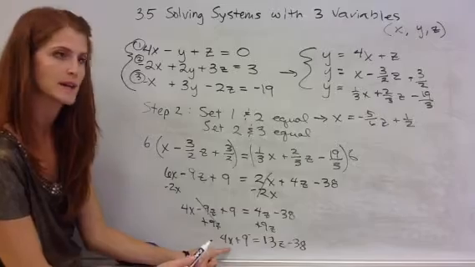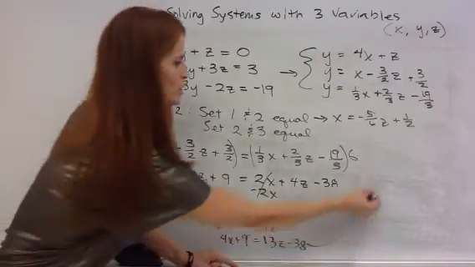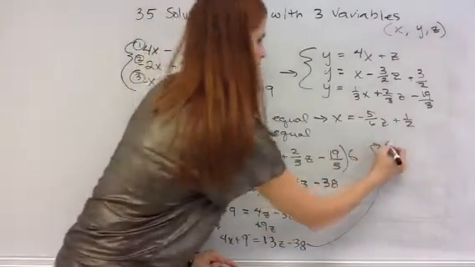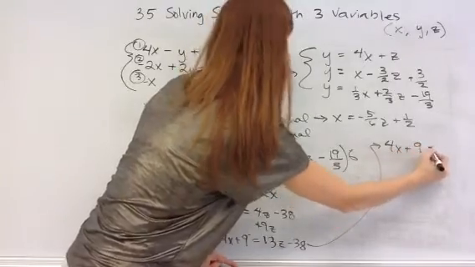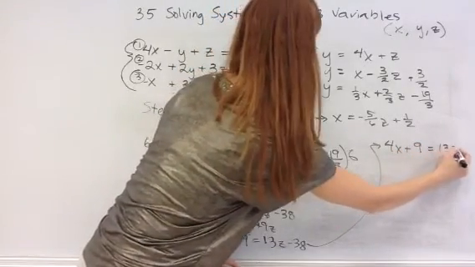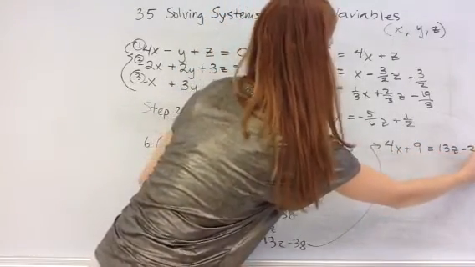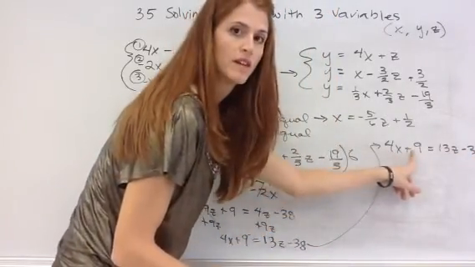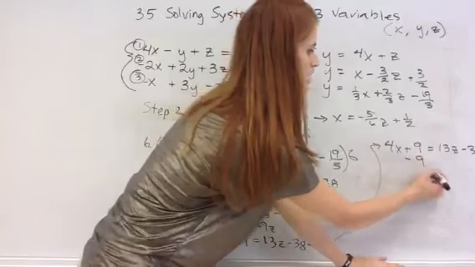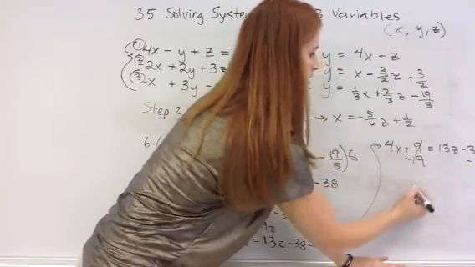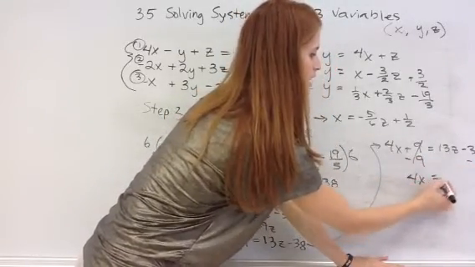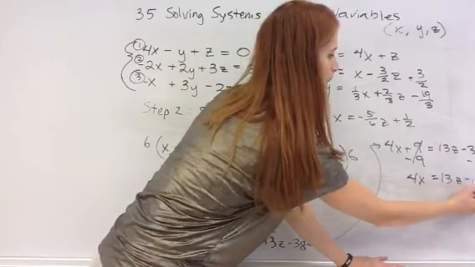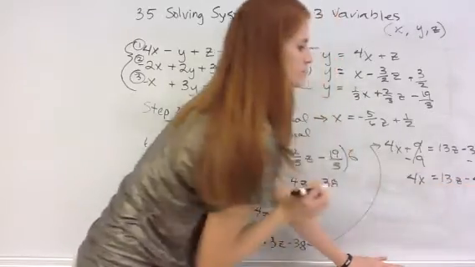And I still want to get x by itself. I ran out of room, so I'm going to move it over here. To get x by itself, I need to get rid of the 9. So I'm going to subtract both sides by 9. I'm left with 4x equaling 13z minus 47.